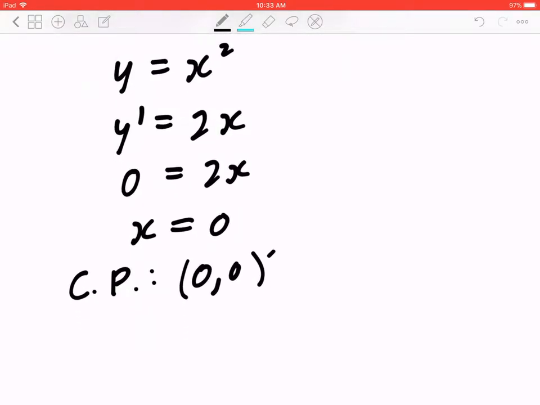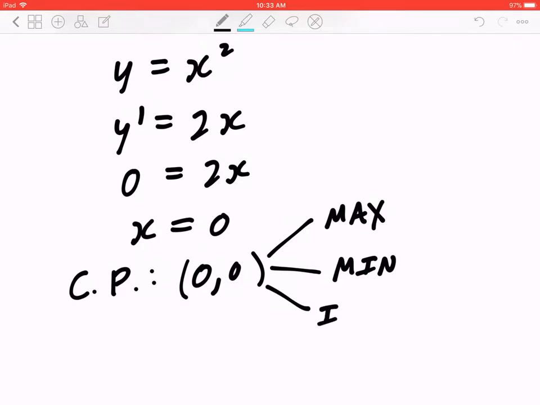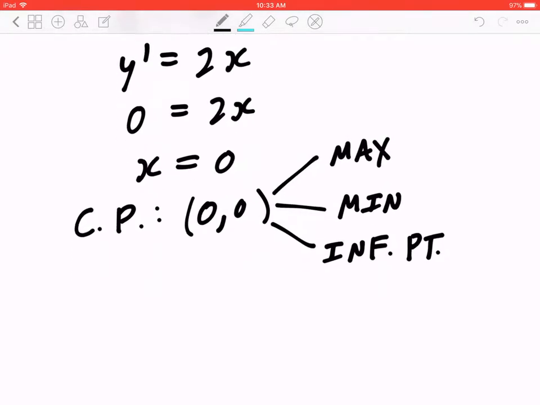Be mindful that most of the time, critical points are basically the maximum or the minimum. Sometimes the inflection point is embedded into the first derivative. So technically, to find the points of inflection, you have to set f double prime to be 0, but sometimes it's also inside the critical point.